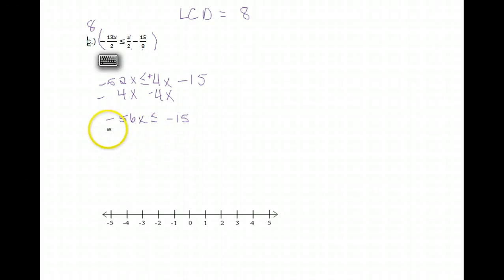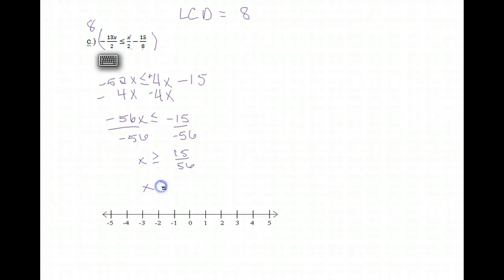Lastly, we want to undo multiplication by dividing both sides by negative 56. When you divide by a negative, you must reverse your inequality. A negative divided by a negative makes a positive, and we have 15 over 56.